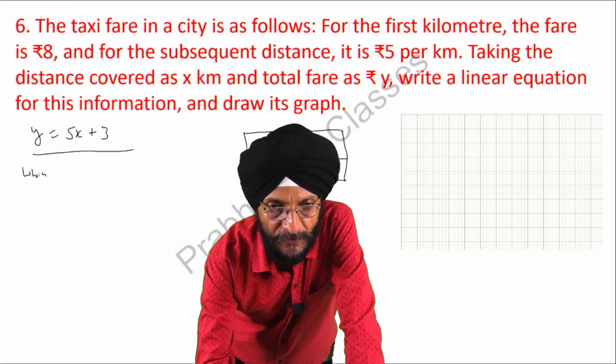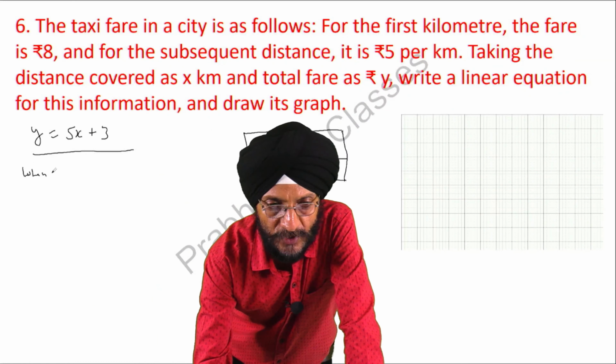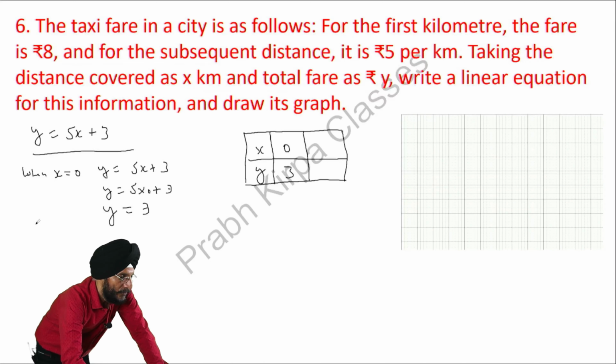Now we will solve the equation. How? Suppose we let x be 0, what will happen? The equation is y is equal to 5x plus 3. What will be formed? 5 into 0 plus 3, the value of y will be 3. So when x is 0, the value of y is 3. Now when we let y be equal to 0, what will happen?